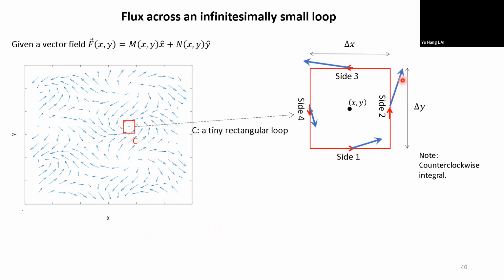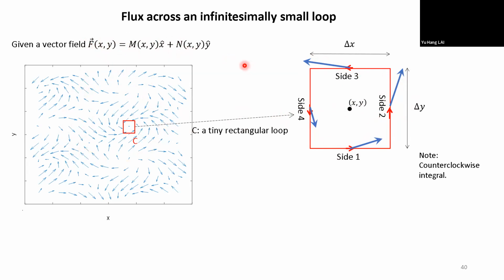Suppose the coordinate of the center of this loop is given by x, y. And I have these 4 blue arrows, indicating the field at these 4 different points. These blue arrows refer to the field.